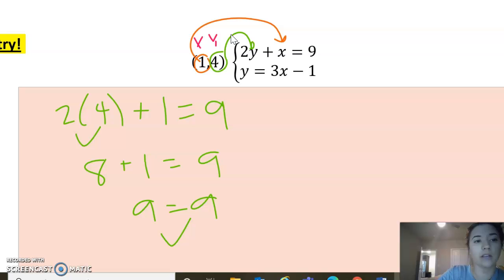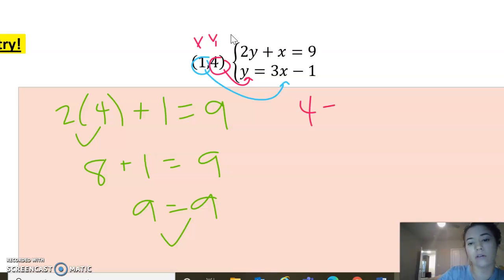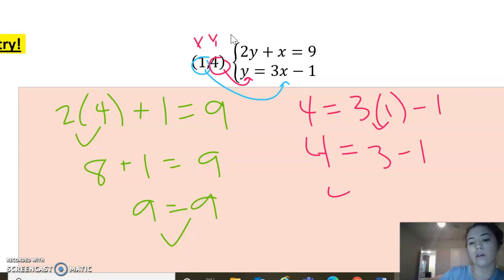Now let's check the next one. So again, I'm going to erase these just for my help. I'm going to plug the x in where x goes, and we're going to plug in the y where the y is. So we have y, which is 4, equals 3 times x, which is 1, minus 1. We get 4 equals 3 minus 1, 4 equals 2.